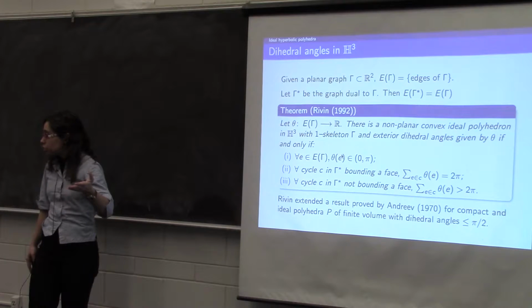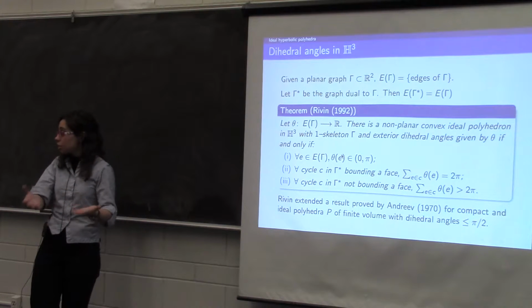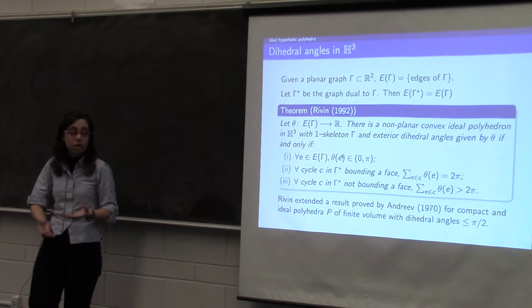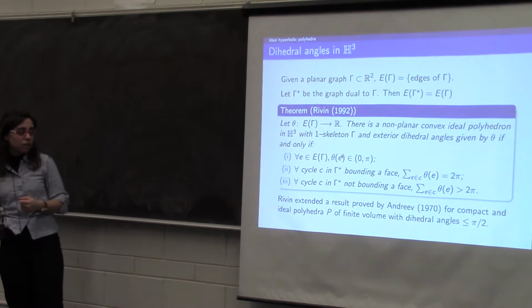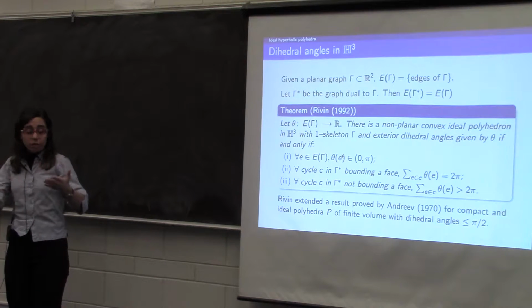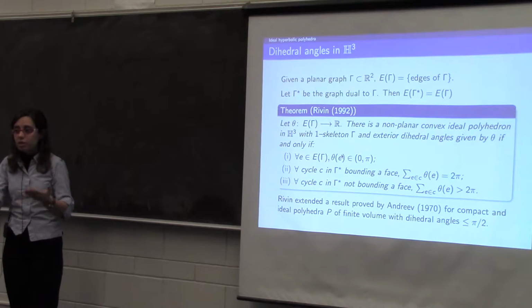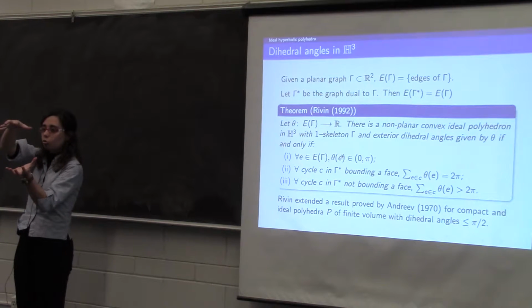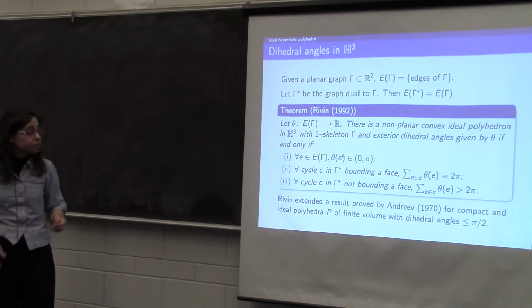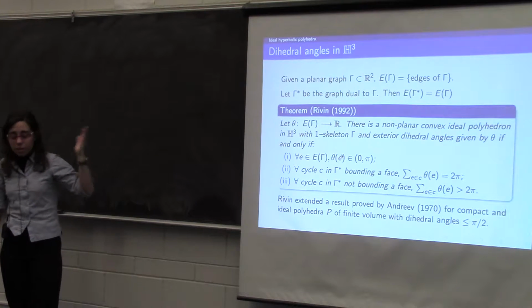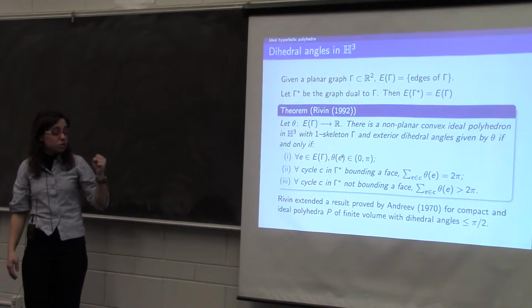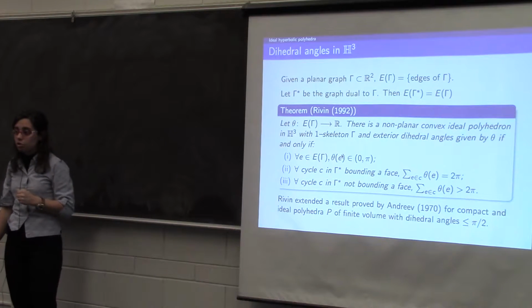I want a rule that tells me if those assignments are good or not, so whether those assignments can give me a polyhedron. Given theta, an angle assignment, you can find a non-planar convex ideal hyperbolic polyhedron, where non-planar means I don't want the polyhedron to be a polygon; I want it to be a real polyhedron, with one-skeleton gamma and dihedral angles given by your map theta, if and only if the following three conditions are satisfied.